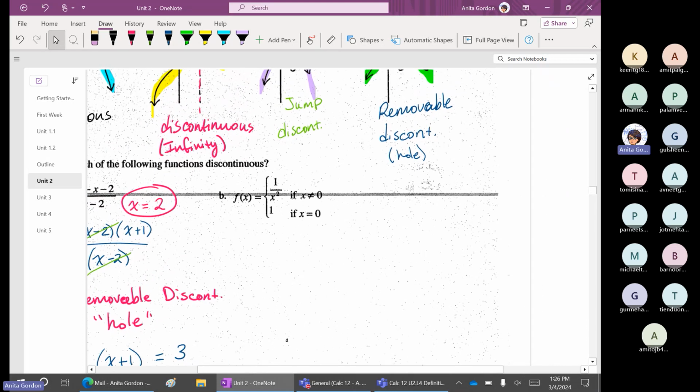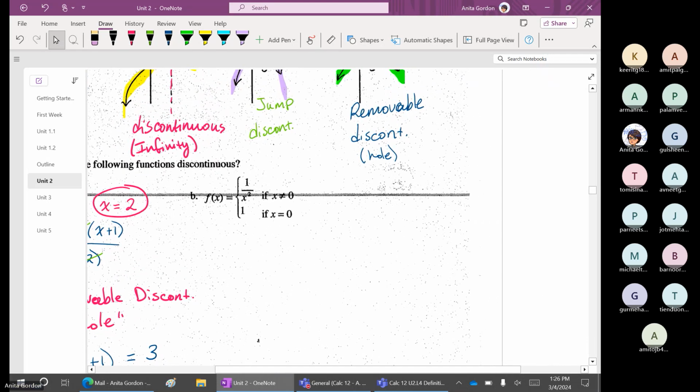On the other hand, let's take a look at this one. If x is anything except 0, then I follow 1 over x squared.